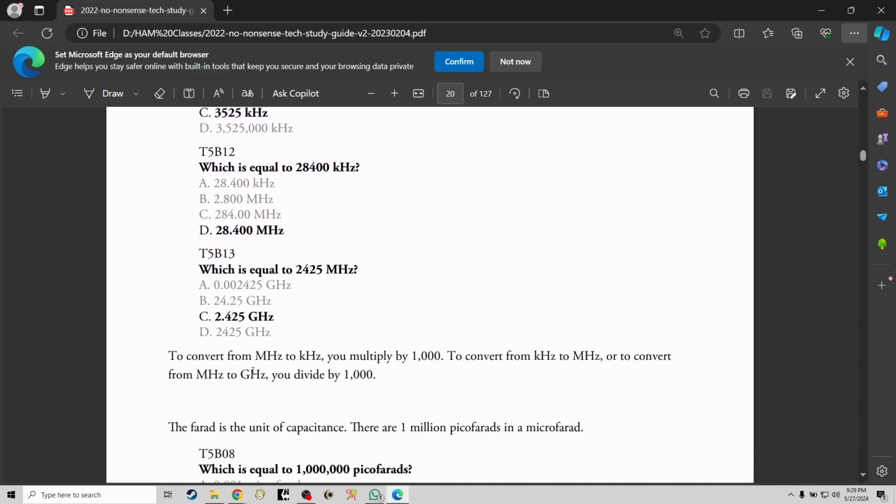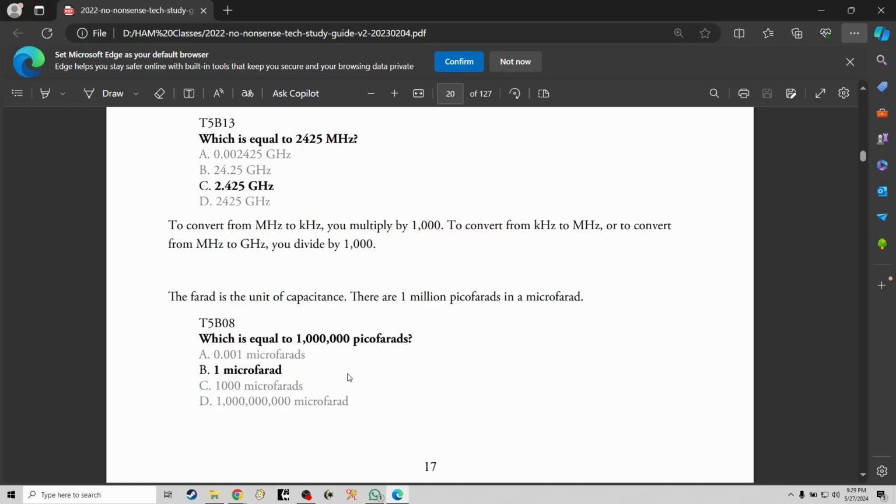So to convert from megahertz to kilohertz, you would multiply by 1,000. To convert from kilohertz to megahertz, or from megahertz to gigahertz, you would divide by 1,000. Which is equal to 1 million picofarads. 1 microfarad.